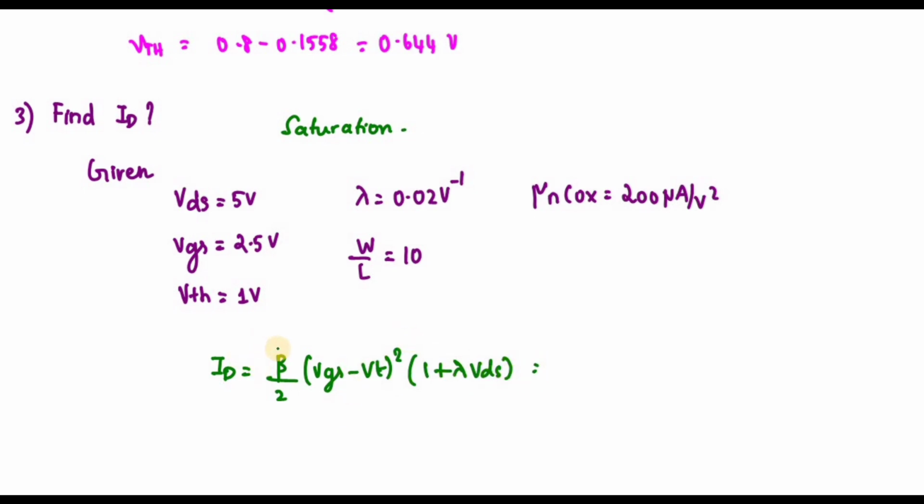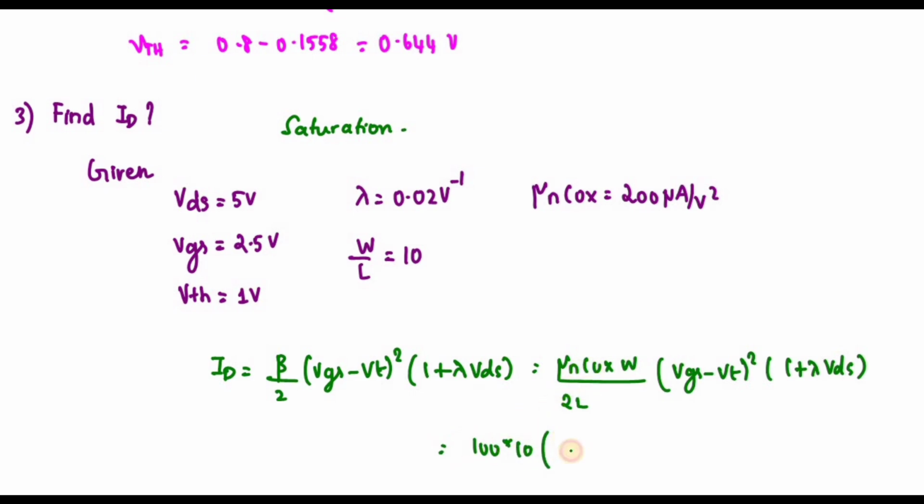This beta represents mu n C ox W by L. Okay, and it is VGS minus VT the whole square into 1 plus lambda VDS. So you substitute the values. You will get 100 into 10, right?